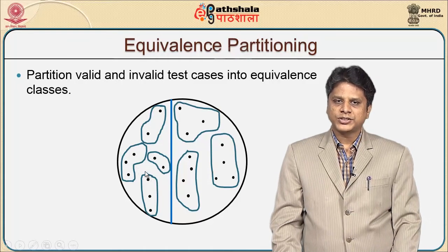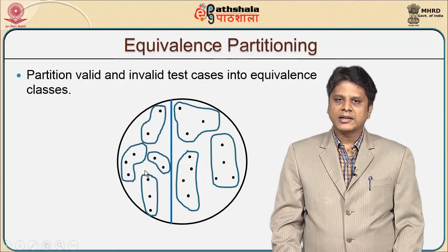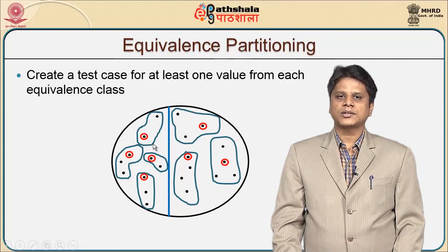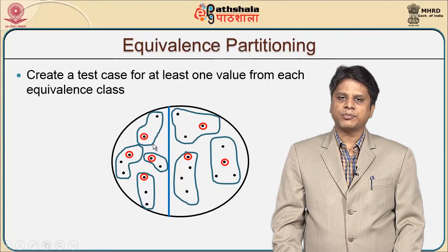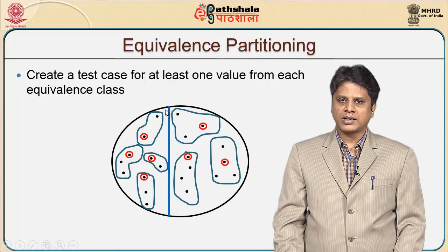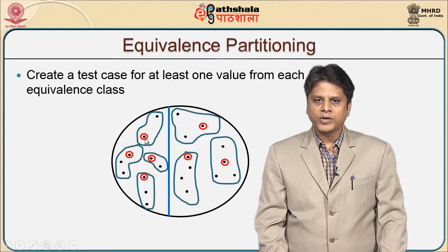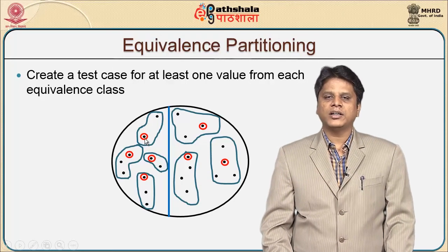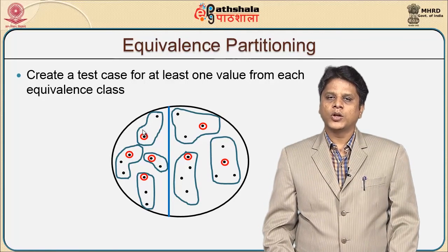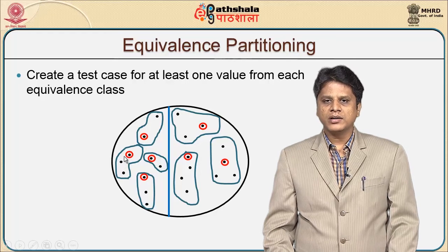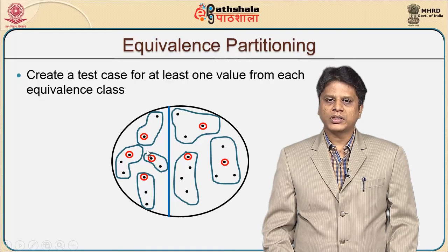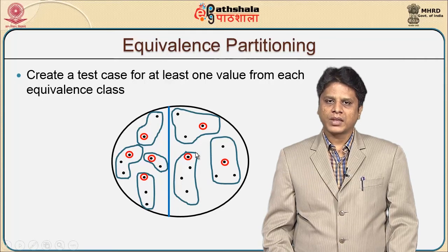Likewise, we have partitioned into many classes, and we need not test for all the values in a particular class, rather any value taken from an equivalence class should alone be tested. So, one in every class will be tested for both valid and invalid inputs.